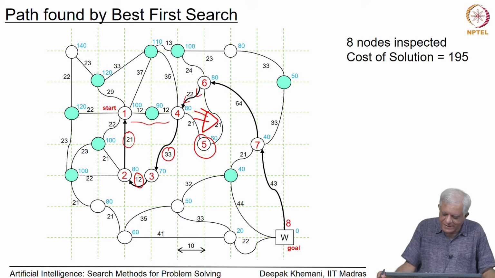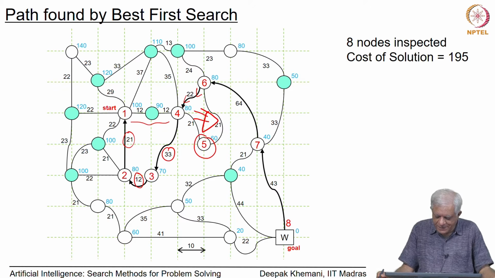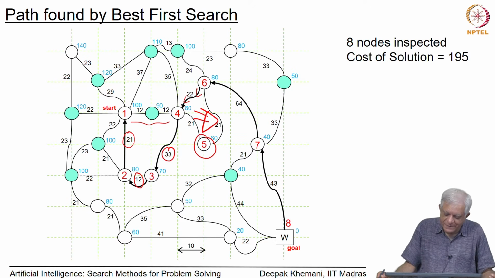It has inspected 8 nodes numbered here from 1 to 8 in the order in which it inspected them. The 8th node was the goal node, and the cost of the solution it has found is 195, let us say kilometers. Let us see now what A star does with this same problem.